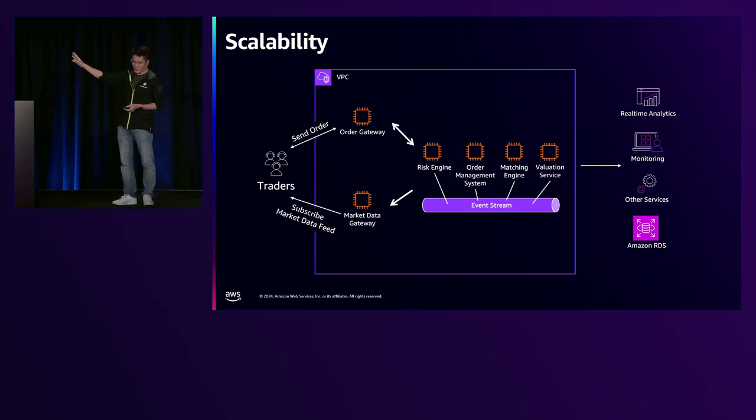On the core part, we have multiple OMS to perform the risk check for the client, and we have matching engines to process the trade match for the orders. On day one, this setup could already handle 100,000 transactions per second on a handful of servers. And our latency is crazy. It was measured at the microsecond level.